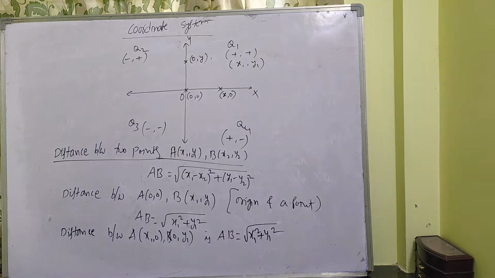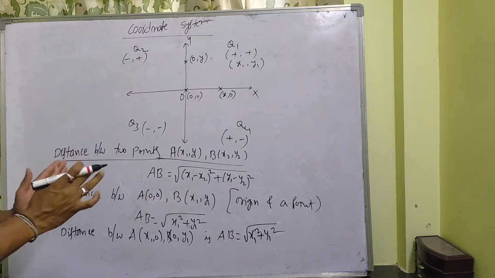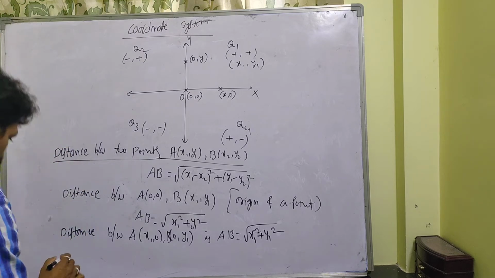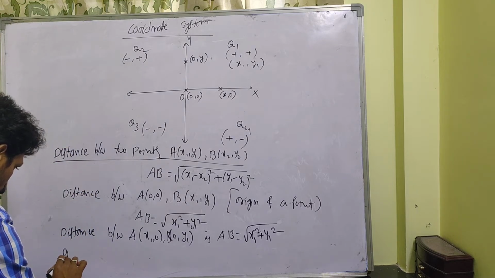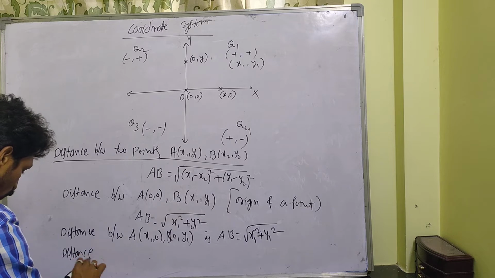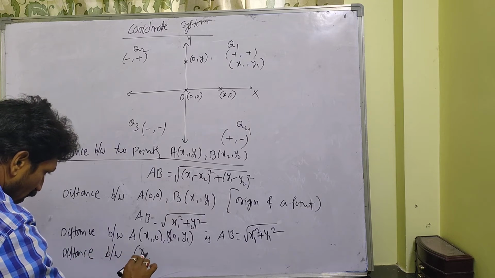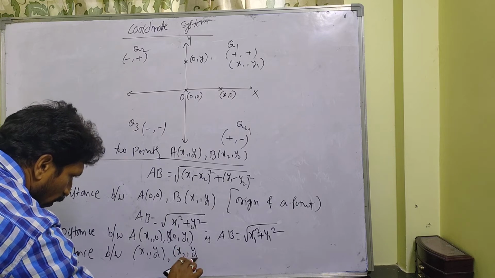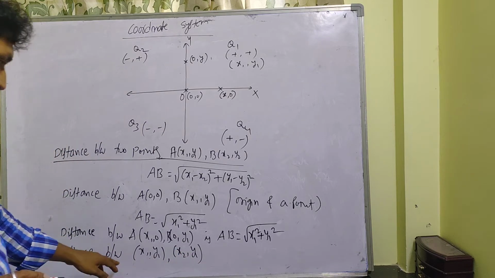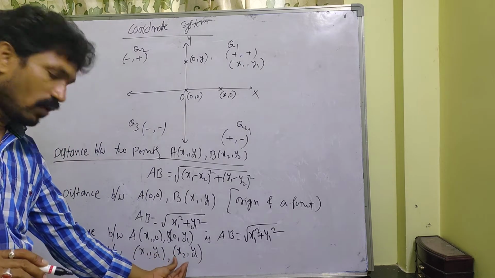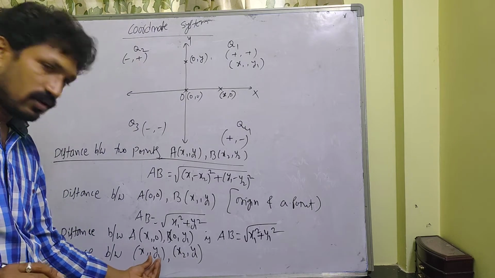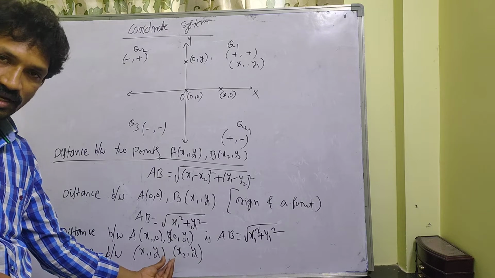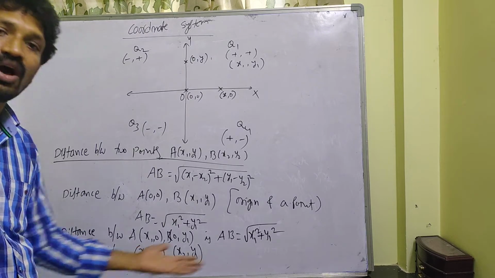Next one, distance, if for suppose both y coordinates are equal, that means distance between x1 comma y1 and x2 comma y1. See here, if y coordinates are equal, if in 2 points y coordinates are equal, these 2 points lie on the horizontal line.